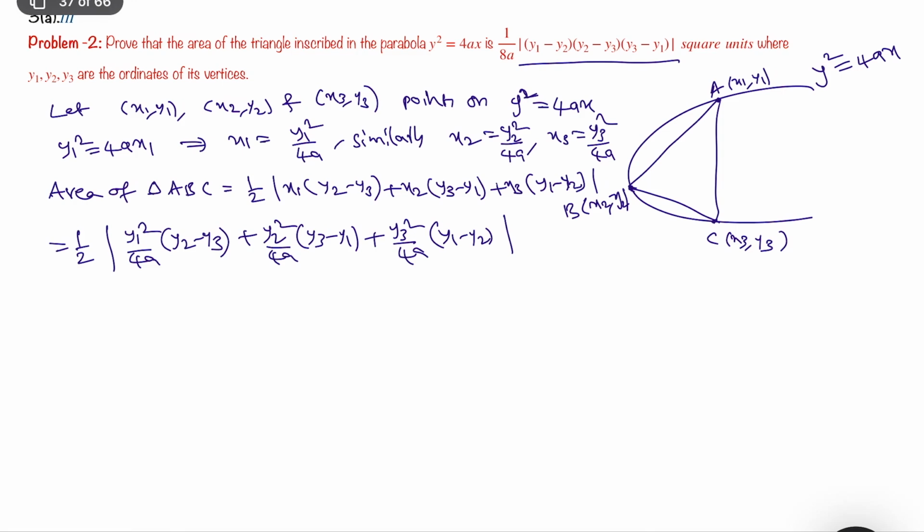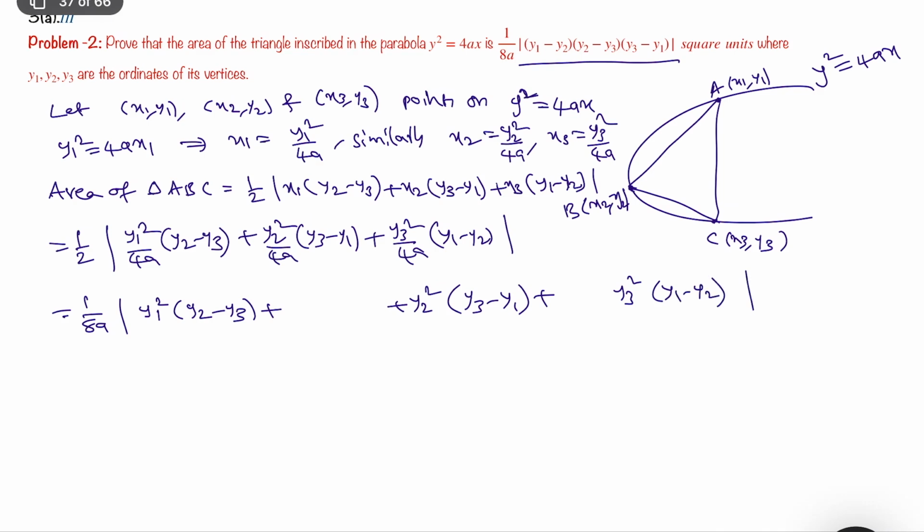Now if we take the 4a in the denominator out, we can write 1 by 8a times y1 square times (y2 minus y3) plus y2 square times (y3 minus y1) plus y3 square times (y1 minus y2).